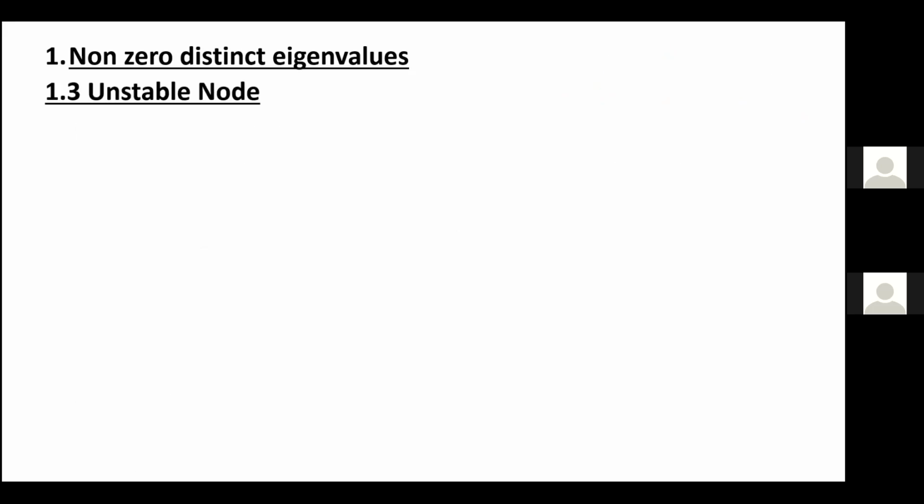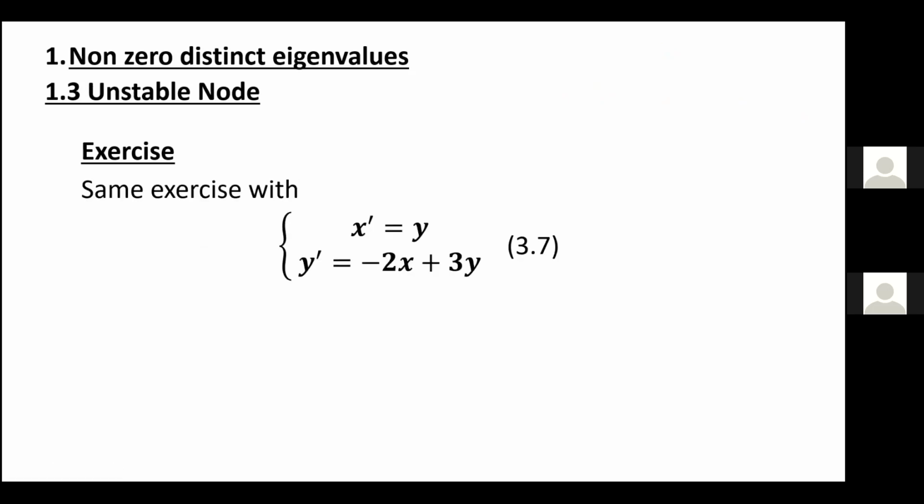All right, so next we are talking about the unstable node. So you could do the same exercise. If you observe this system 3.7, it's the same as 3.5, but I just multiplied the two equations by minus one, all right?